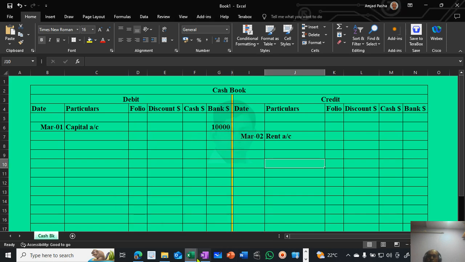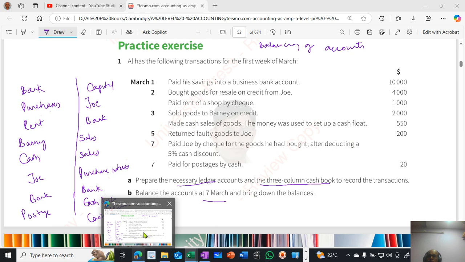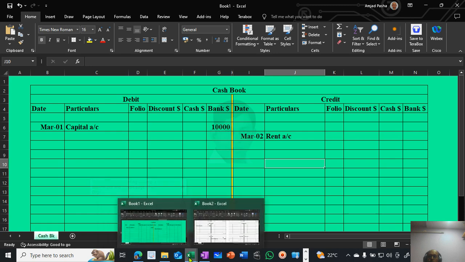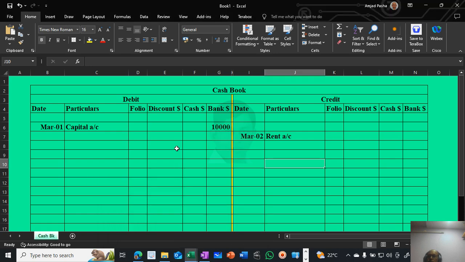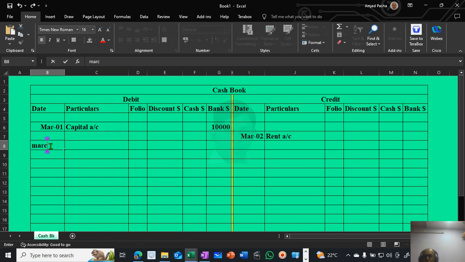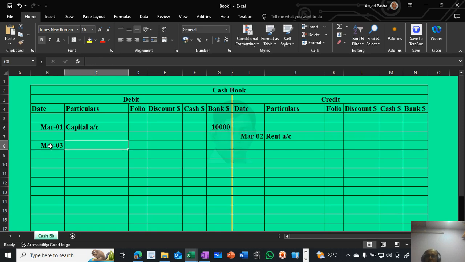So when is it? It is on 3rd March. So March 3rd. So cash sales, or otherwise you can write sales also. It's not an issue. It is not wrong to write sales. And in the cash column you write.